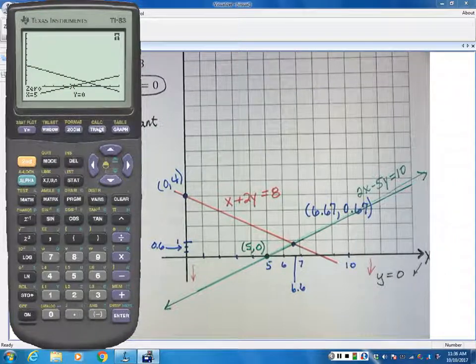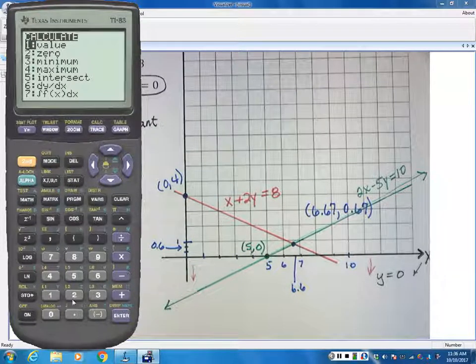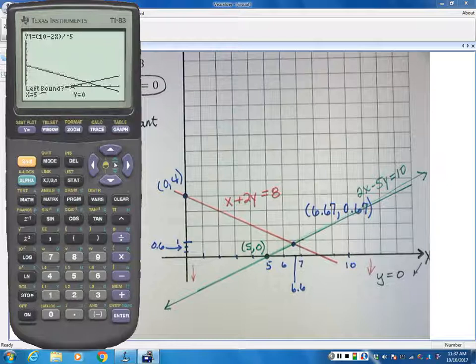So I'll go second, trace, choose 0, and I need to jump to the other line. Get a little bit to the left of it. Which line are you on? The one that's going down. Okay, minus x, the 8 minus x divided by 2. Second trace, and what are you looking for? You're 0. And so that one's 8, 0.